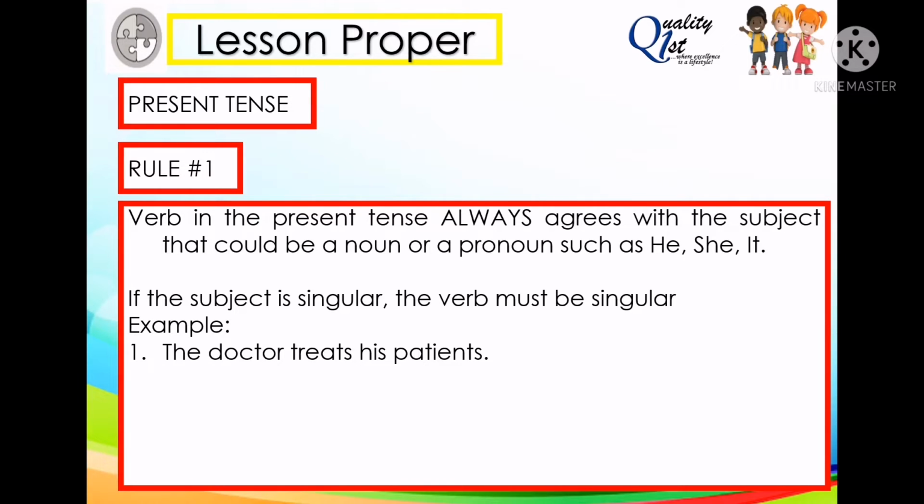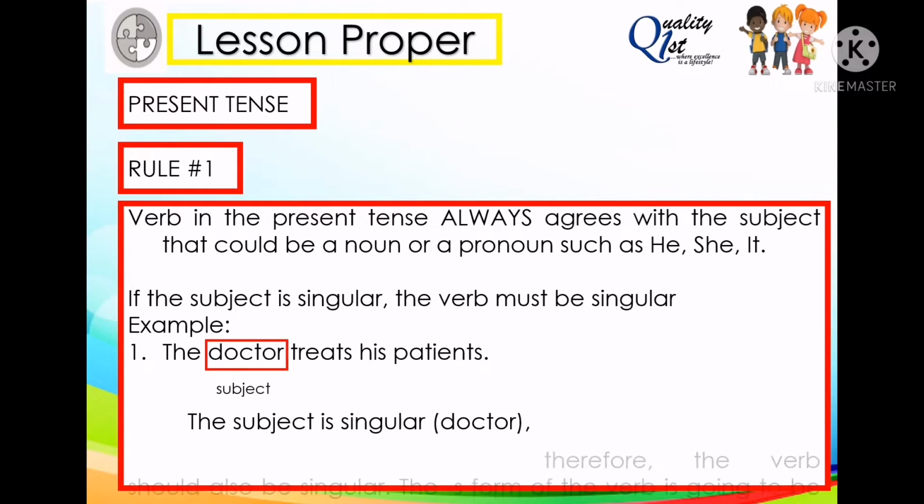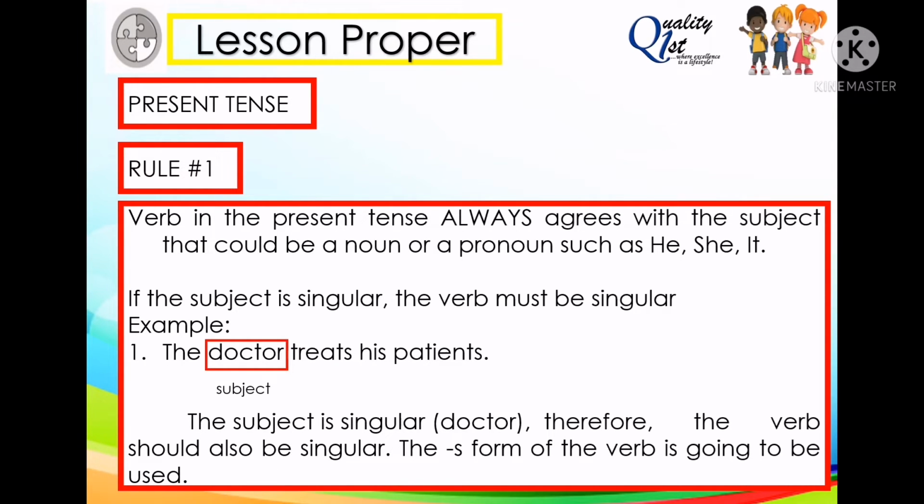The doctor treats his patients. Now, the subject is singular, the doctor. Therefore, the verb should also be singular according to rule number 1. Now, the S form of the verb is going to be used. You have treats. Okay?